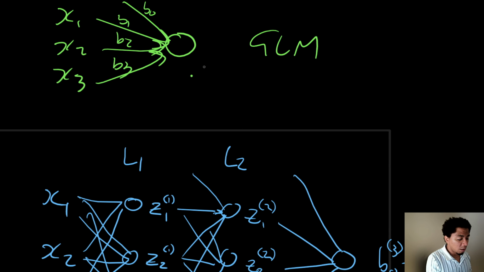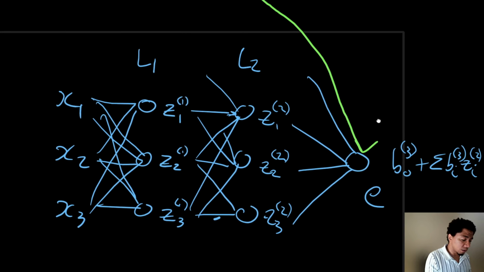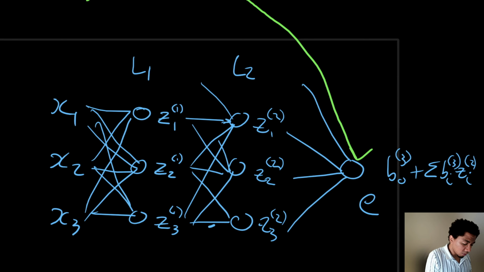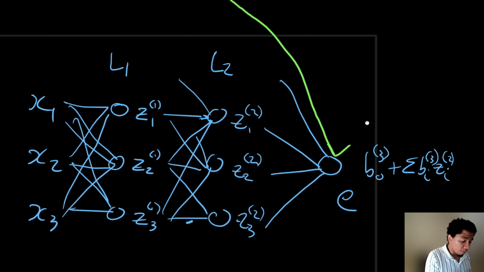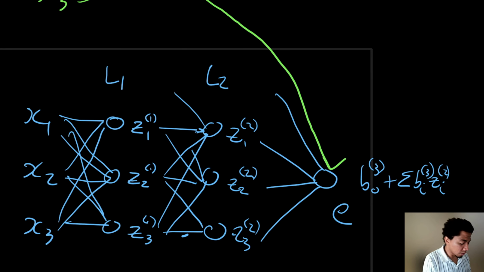And this here becomes an input into this final neuron. Let's just zoom out a bit. I don't think this can zoom out, but that's okay. An input into this neuron, right?